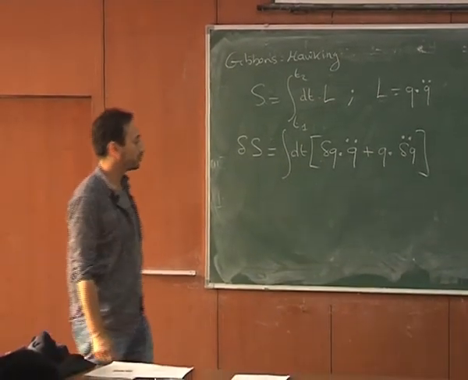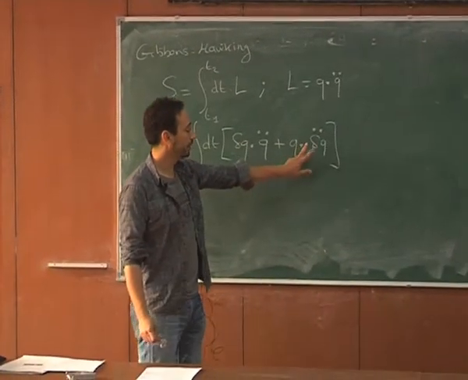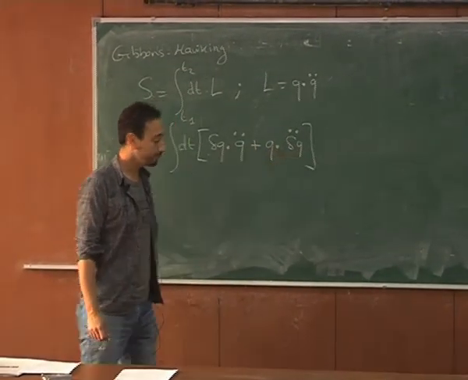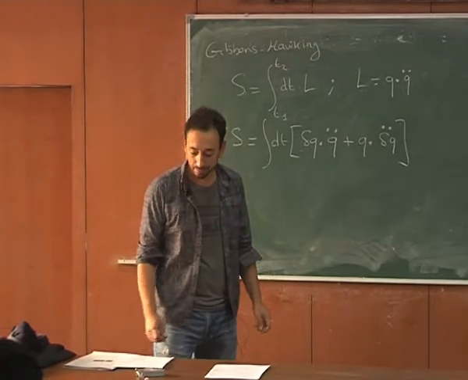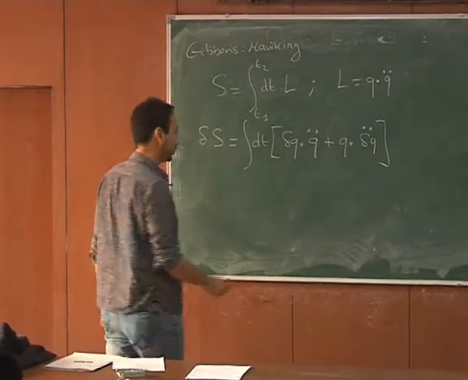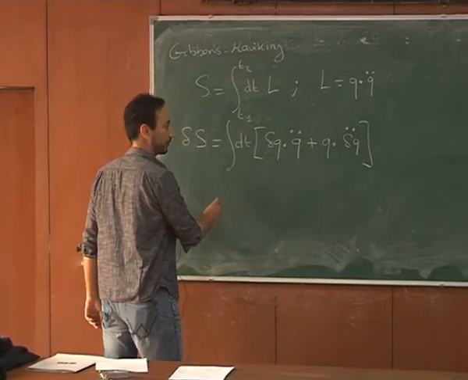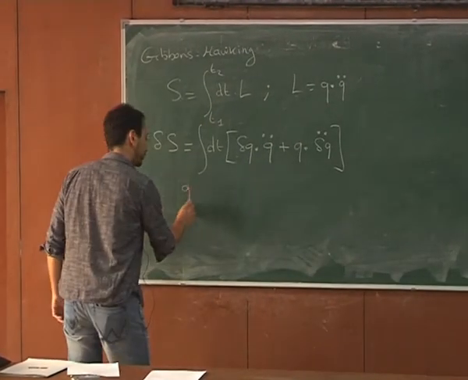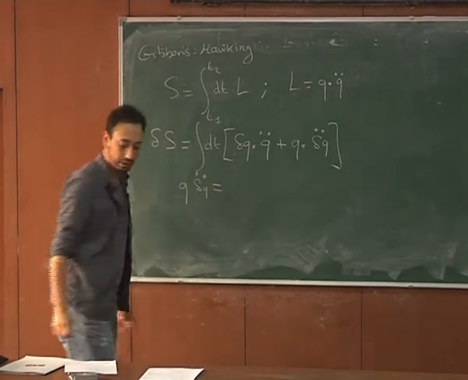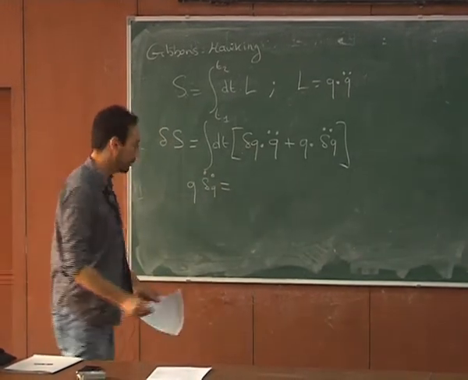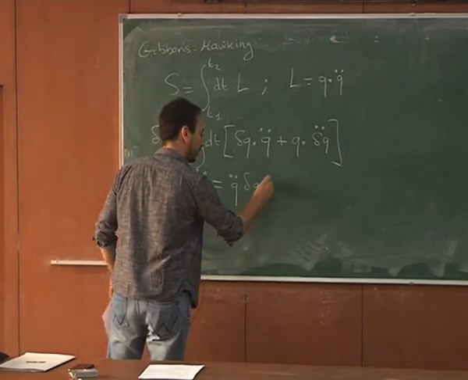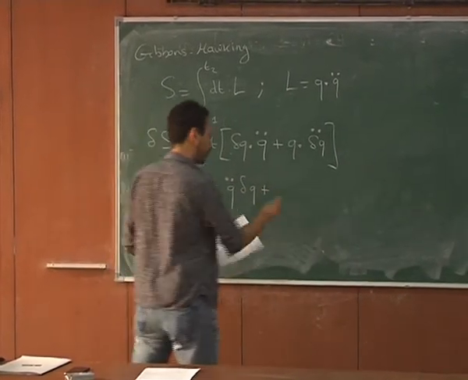And what we want to do is some integration by parts in order to have a delta q. So how to do that? I just have to say that q delta q double dot is actually equal to q double dot delta q plus some total derivative.